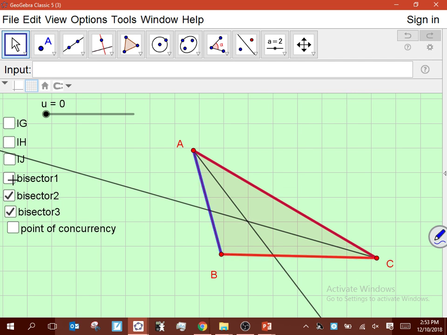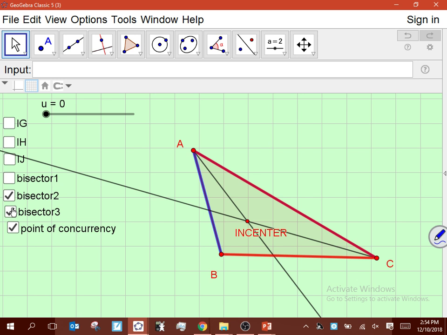But what we're saying is that that point of concurrency is equidistant from the blue lines, and it is also equidistant from the red ones. If I highlight the blue ones and the red ones, it highlights all the segments on my triangle, correct? So it's equidistant from all three sides of the triangle.